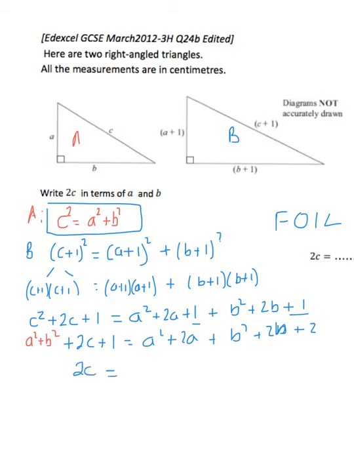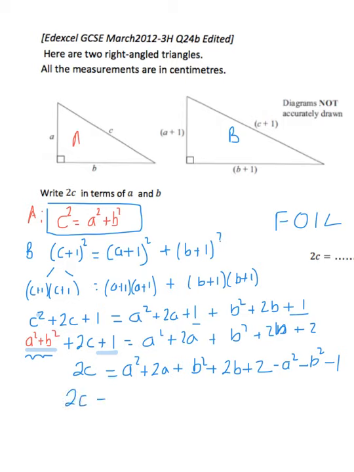So that will give me A squared plus 2A plus B squared plus 2B plus 2, and then what we've done is we've taken this here and the plus 1 over to the other side, so we've rearranged that equation, and that will give me minus A squared minus B squared minus 1.